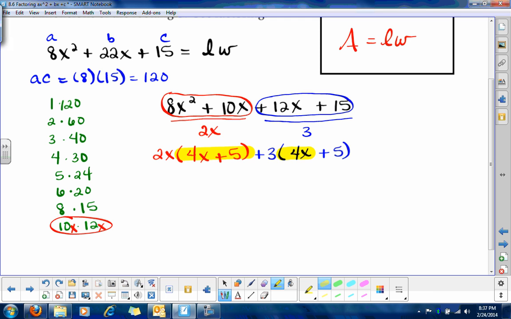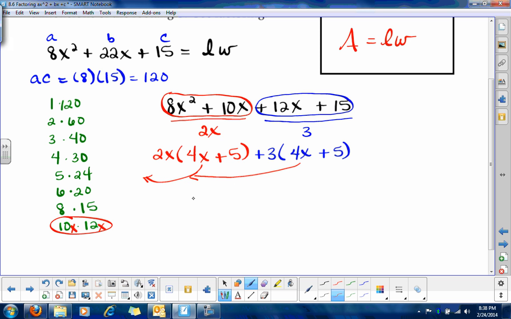So there we have two of our factors. Our two binomials are exactly the same. So we can go ahead and factor those out and put them on the outside of the parentheses.